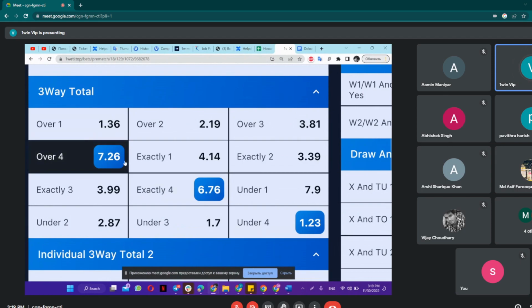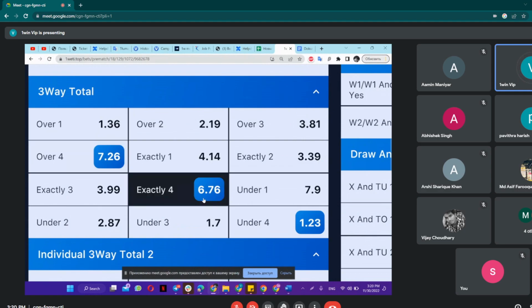As we have all possible ways to bet in this three-way total, over, under, and exact, there is no super over, super under, or some other outcome, only these three. So we have a full range of betting, so we don't have refund options in full range bets.